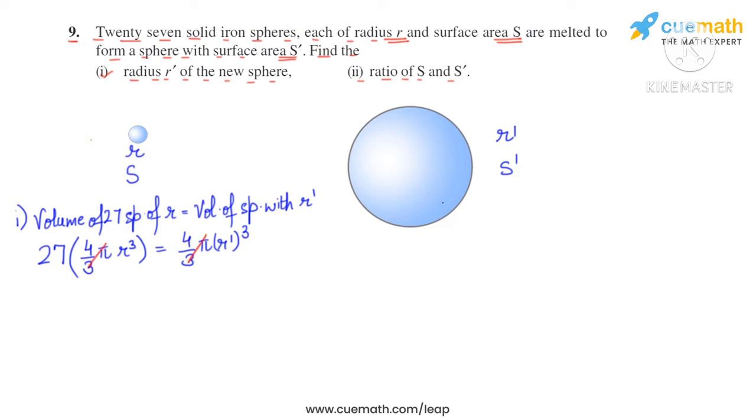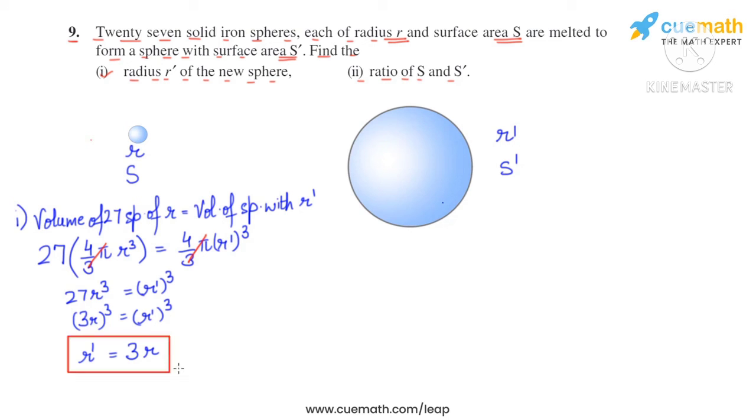So we will get 27 r cube is equal to r dash whole cube. Okay, we can write 27 r cube as 3r whole cube is equal to r dash cube, and cube gets cancelled. It means r dash is equal to 3r. So the new radius r dash of the new sphere is 3r, 3 times the radius of the small sphere.